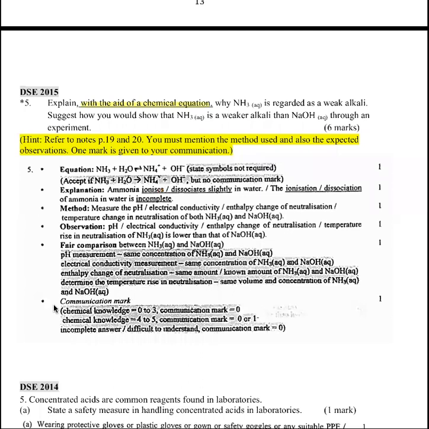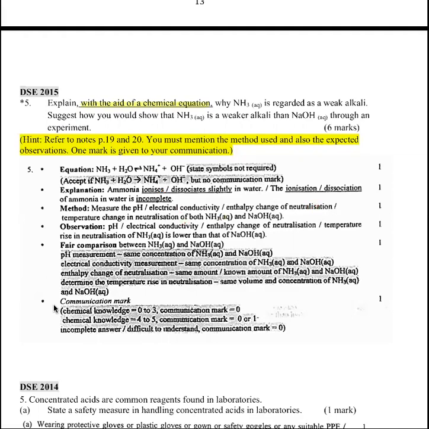A lot of the time later on you will find these two terms actually mixed up quite often, so no need to struggle with that. And then design the test. There are a lot of ways to compare, and you have the table listed in your notes. You can directly compare the pH, the electrical conductivity, or the temperature change, so the energy released from neutralization.